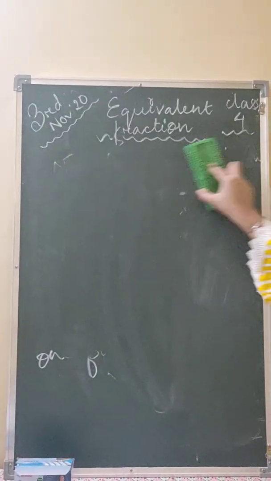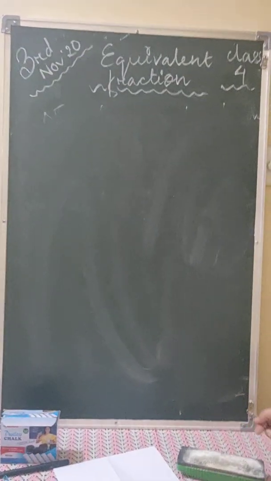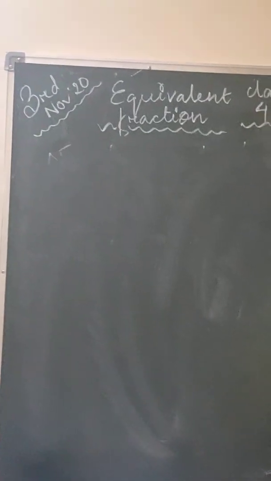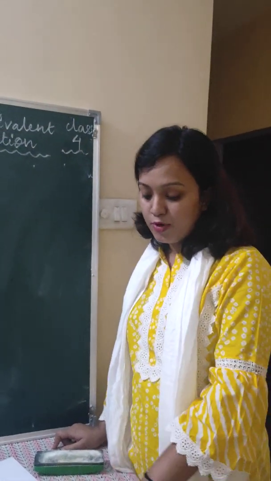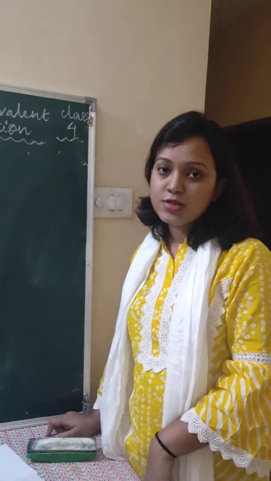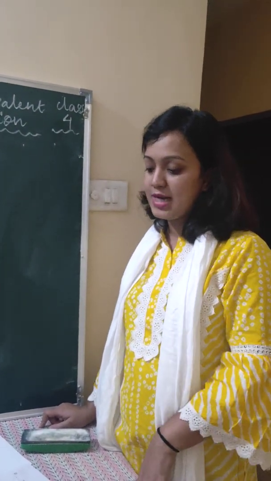Till this point I have taught you a basic concept in fractions. Now I am going to ask you a question. Please have a look at the blackboard, but firstly I will pronounce the question. Listen properly.